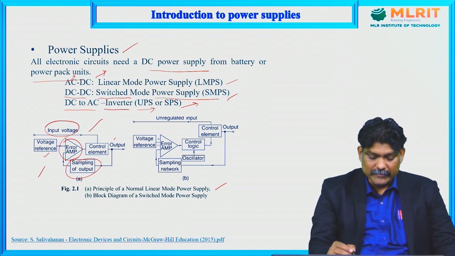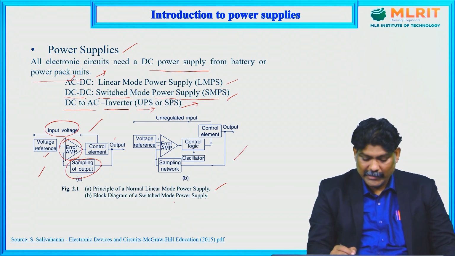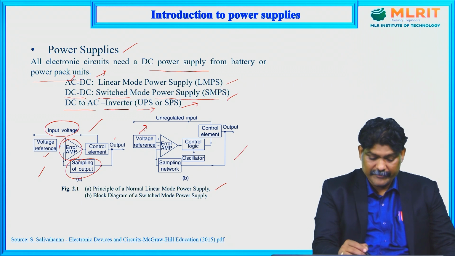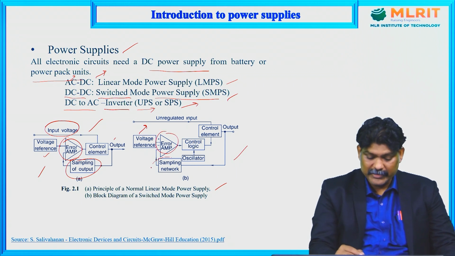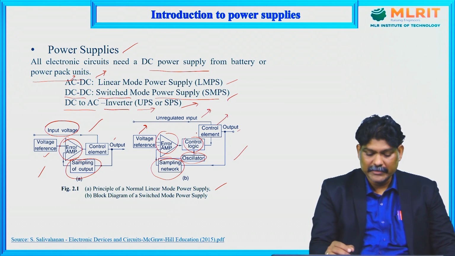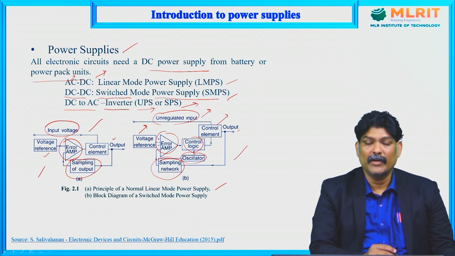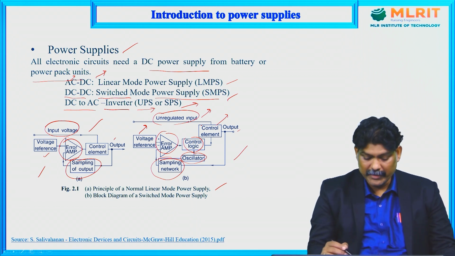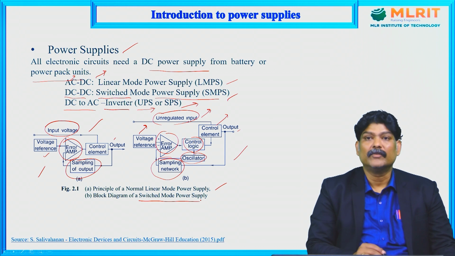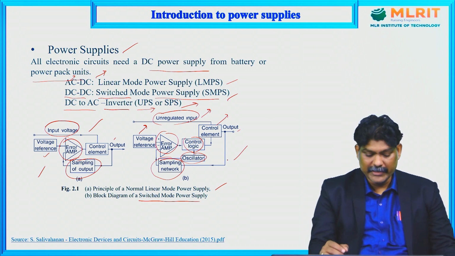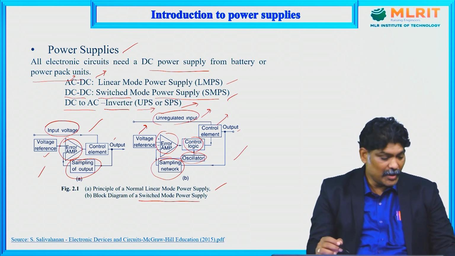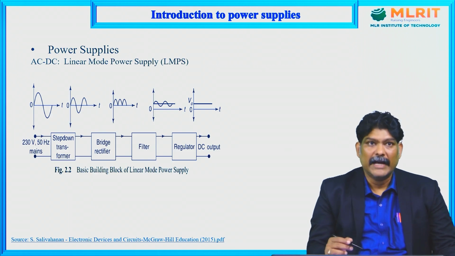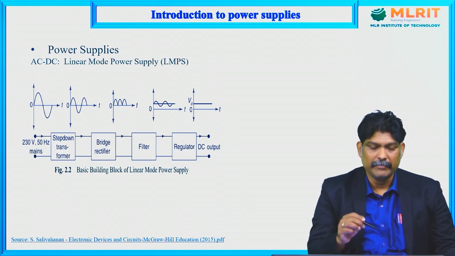Similarly, on the right side you can observe the block diagram for the SMPS: voltage reference, error amplifier, sampling network, oscillator, control unit and then control element output. In this case we give unregulated input to the control element, which converts DC to DC.